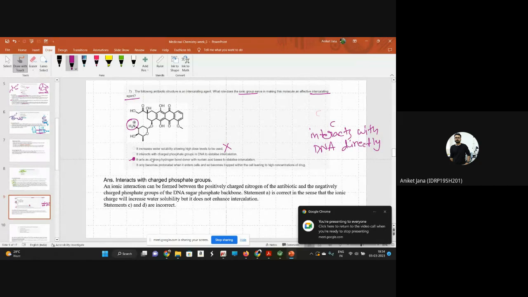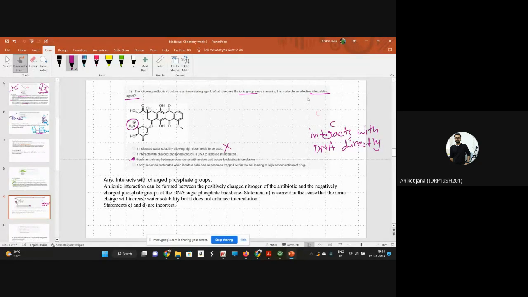No, this is not. A strong hydrogen bond donor has nothing to do with this intercalating agent. So this is also false.